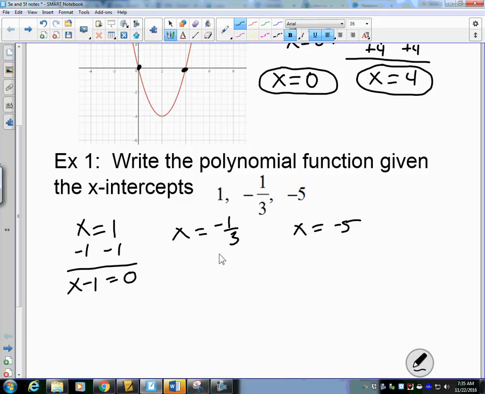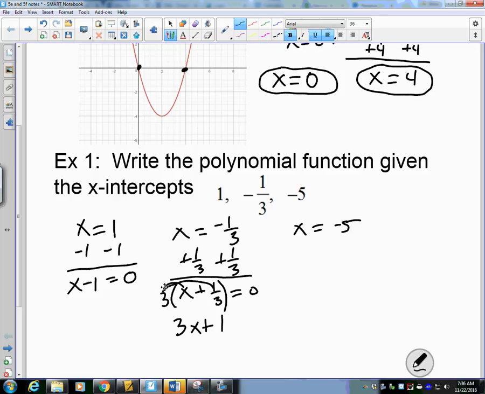And then we have, with a fraction, we're going to start out the exact same way. So x plus 1/3 equals 0. With factors, we don't have fractions. So to get rid of the fraction, anytime you have a fraction in an equation, you can multiply the whole equation, 0 included. 3 times x, 3x. 3 times 1/3 is 1.